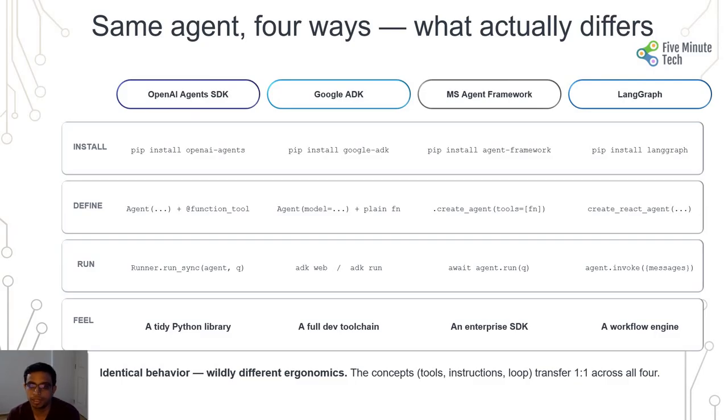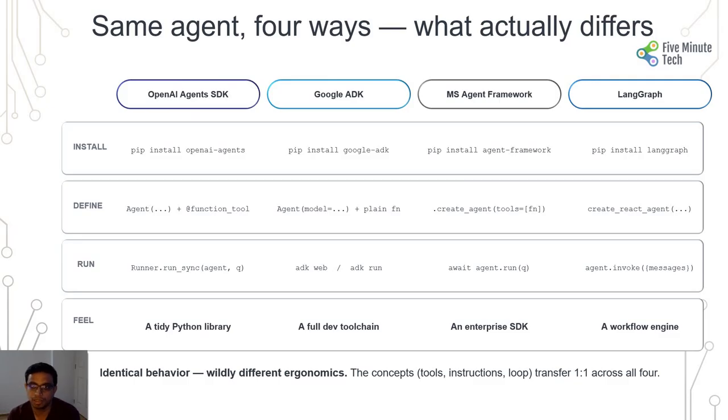Now Runner is for running the OpenAI agents, you do a Runner.run_sync, whereas in Google ADK you use adk web and adk run. In MS Agent we use await agent.run, and in LangGraph we have agent.invoke with the message.